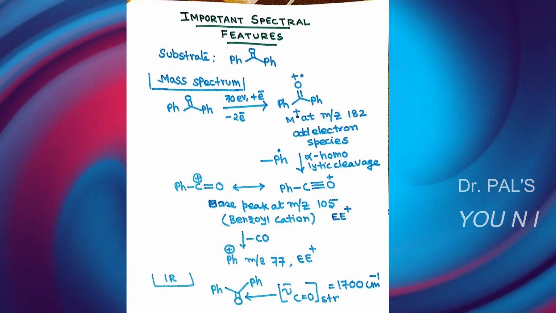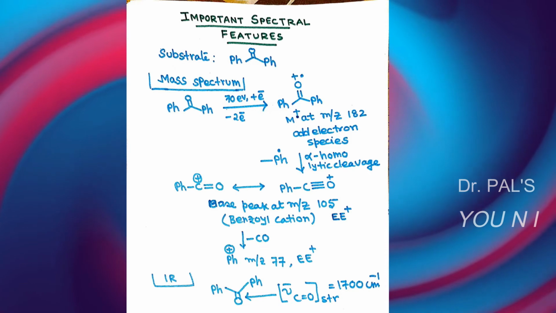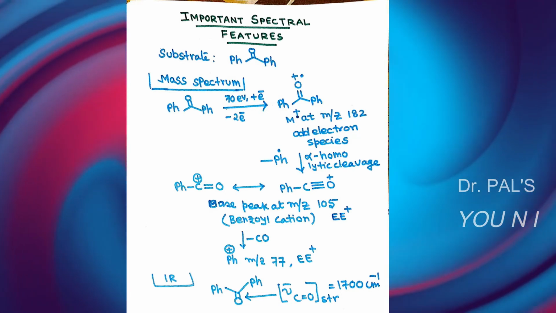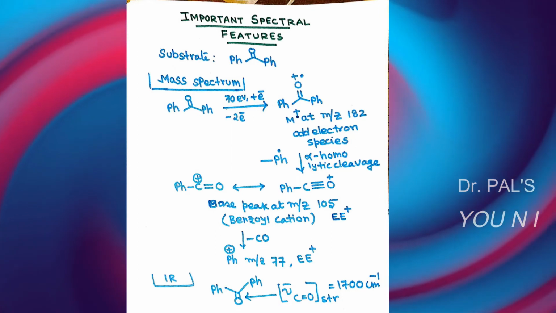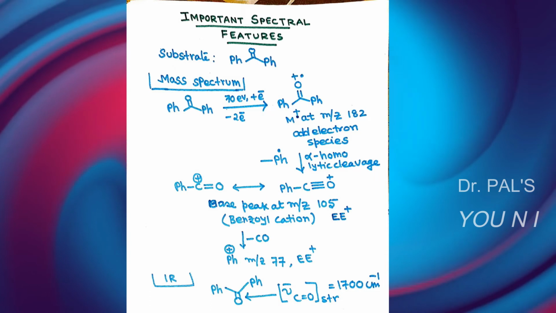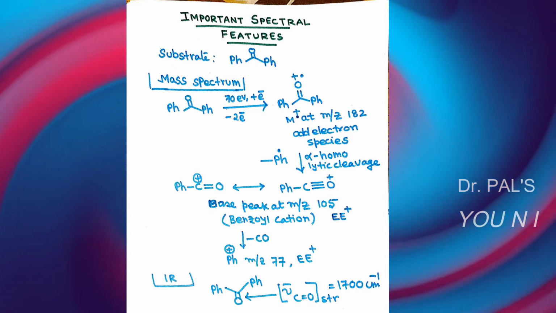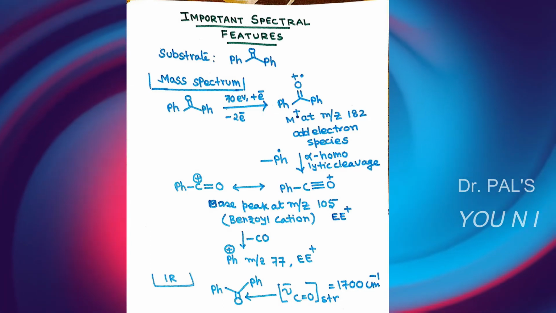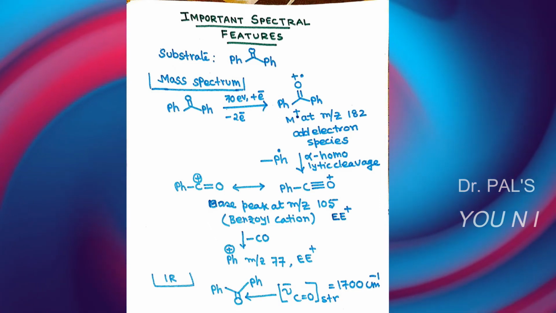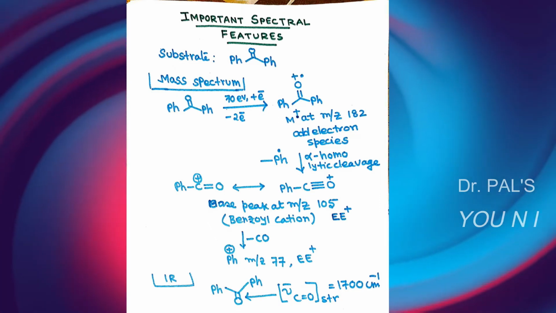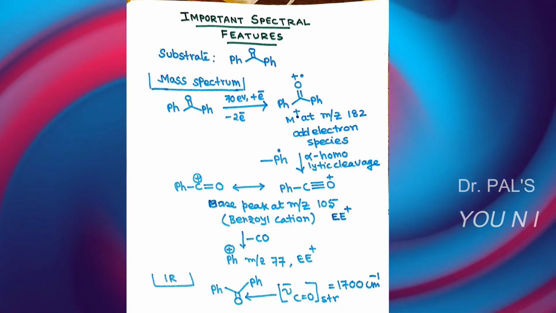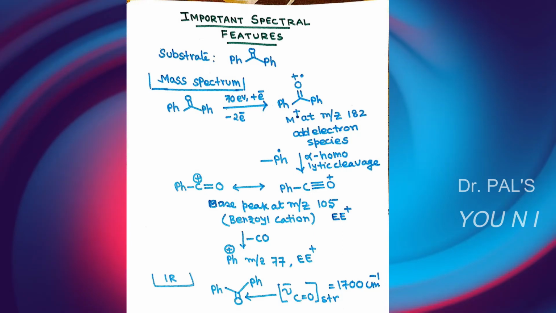If it undergoes alpha homolytic cleavage, then Ph dot goes, and we will end up with the base peak at m/z 105. Base peak means the most intense peak, and the benzoyl cation appears at m/z 105. And then from this benzoyl cation, the neutral molecule carbon monoxide will go, and we will land up with the phenyl cation at m/z 77.